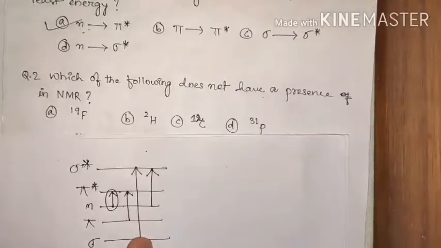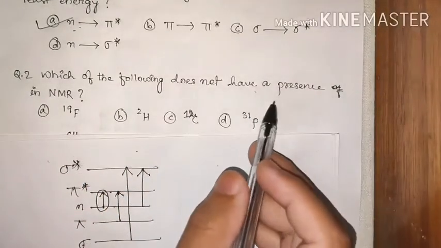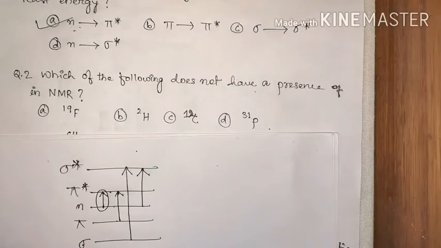The next question is: which of the following does not have a presence in NMR?